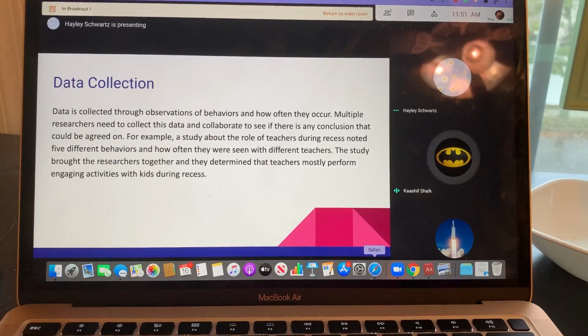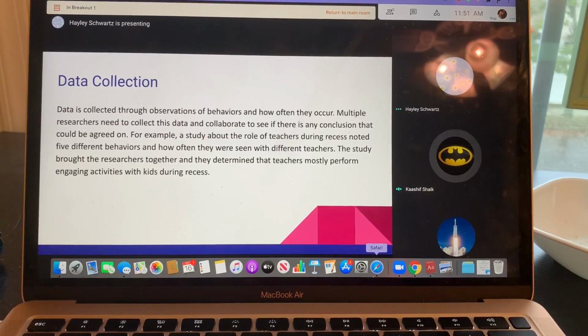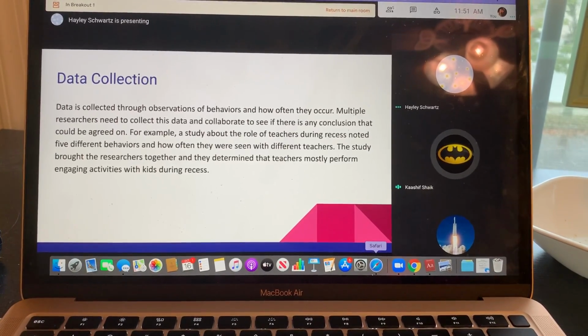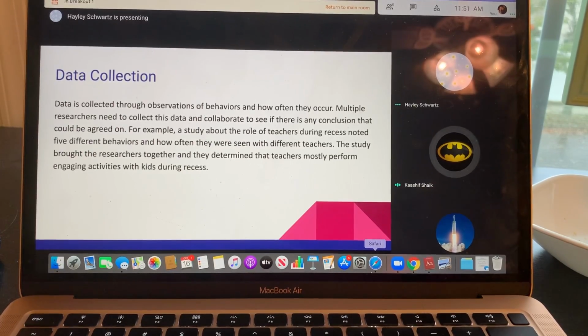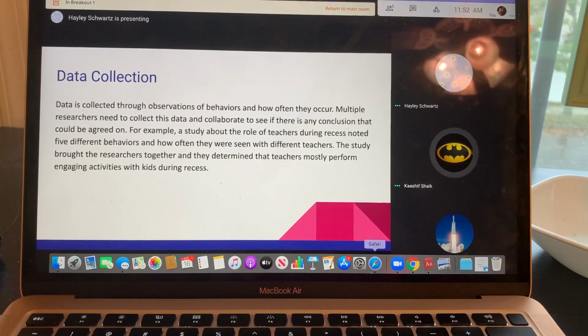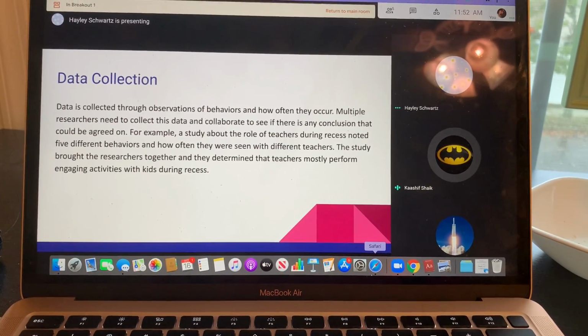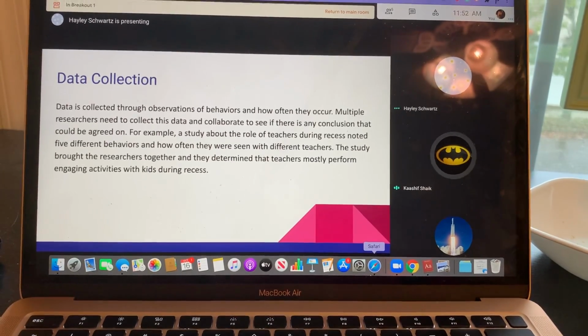For data collection, data is collected through observations of behaviors to see how often they occur. Multiple researchers need to collect this data and collaborate to see if there's any conclusion that could be agreed on. For example, a study about the role of teachers during recess noted five different behaviors and how they were seen with different teachers.